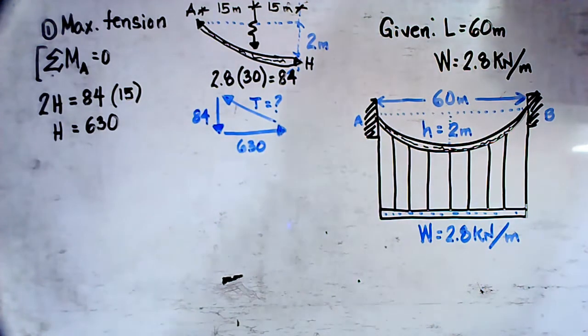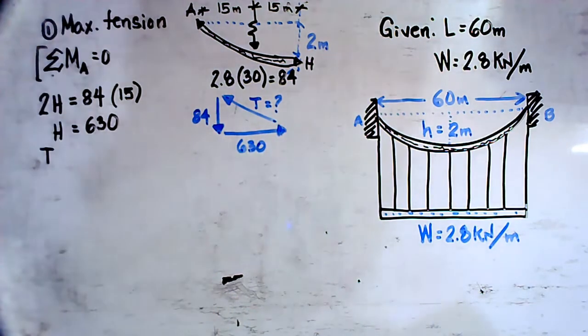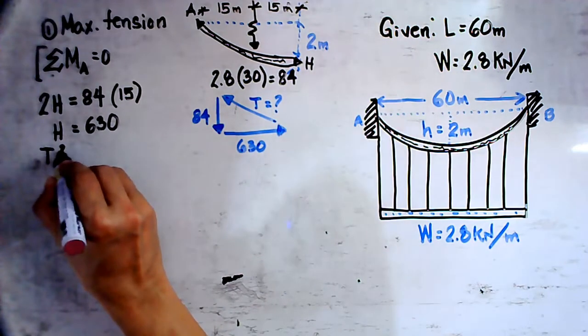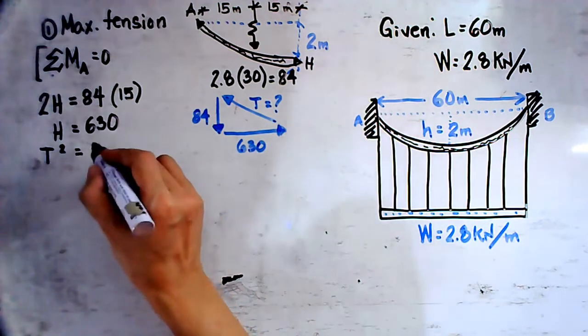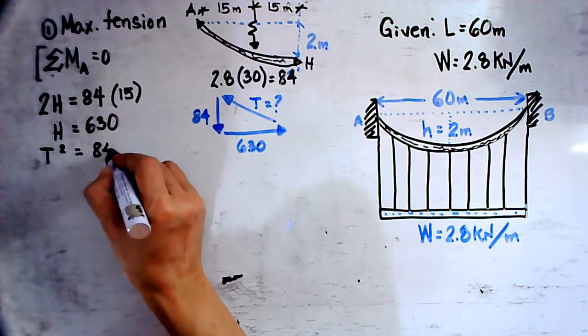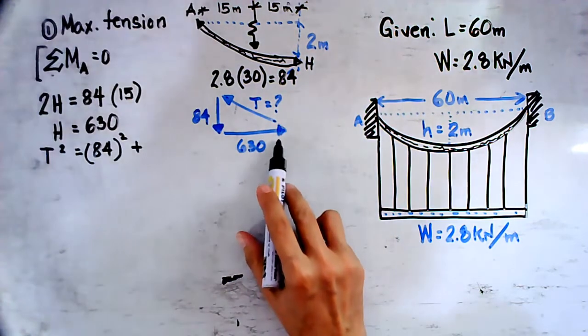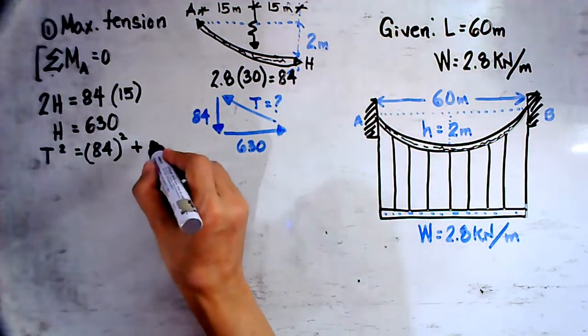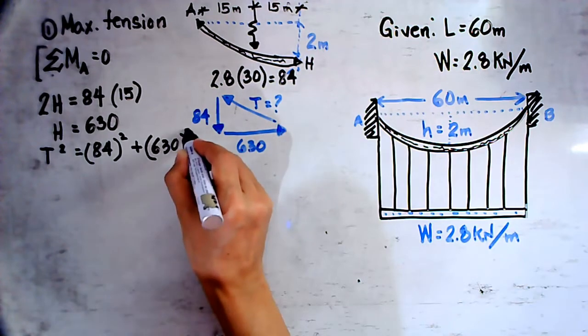So that gives us the equation using the Pythagorean theorem. Tension squared is equal to 84 squared plus, of course, 630 kilonewton squared here.